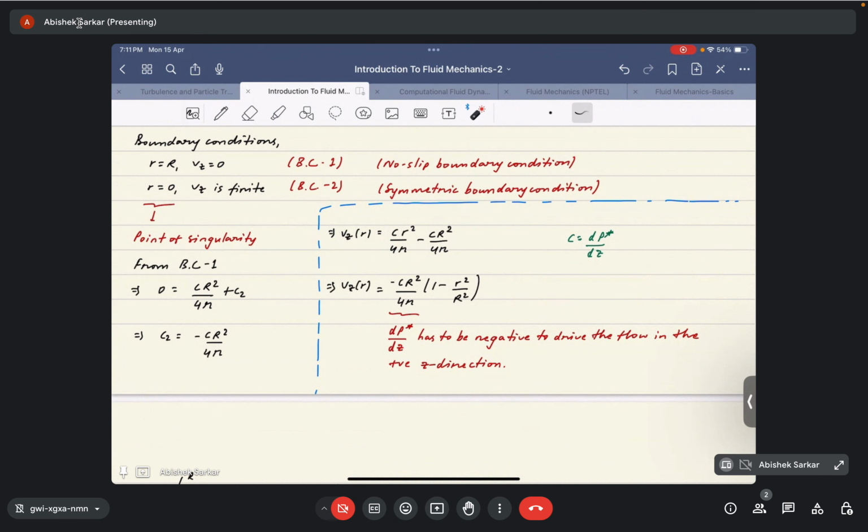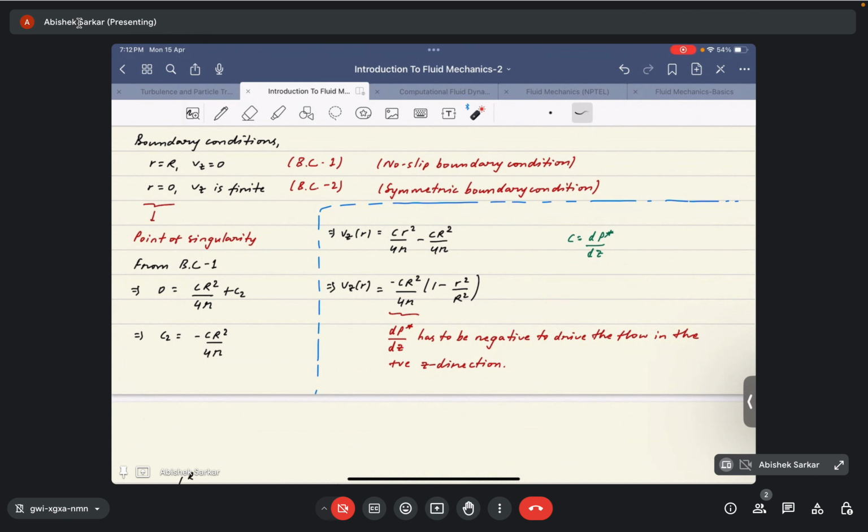I'm sorry, any direction. z is the coordinate system that we are mentioning here, but I'm saying that in any direction, in order to have the flow occur in the positive direction, we need the pressure at the exit to be lower than the pressure at the inlet, to have a negative pressure gradient, because by negative we mean the pressure is decreasing as we move forward in that particular coordinate direction.